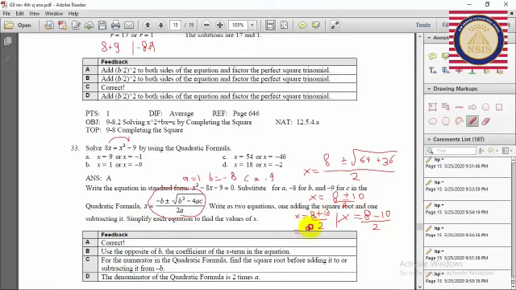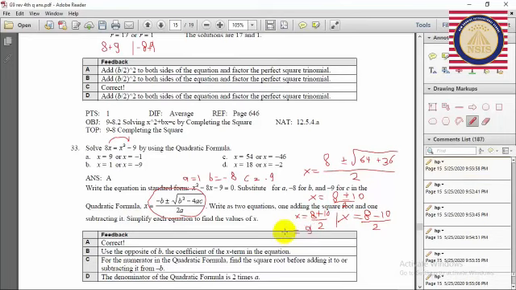Equals 9. Here, x equals 8 minus 10, which is negative 2. Negative 2 divided by 2 is negative 1. So my answer will be what? Will be 9 and negative 1. 9 and negative 1, which is A.